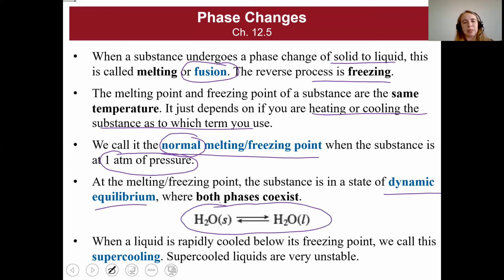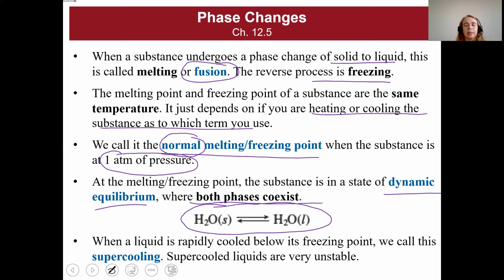So at this melting or freezing point, we have both liquid and solid water in the same system. So when you get to that point, you're going to have some pieces of ice and some really, really cold water coexisting.